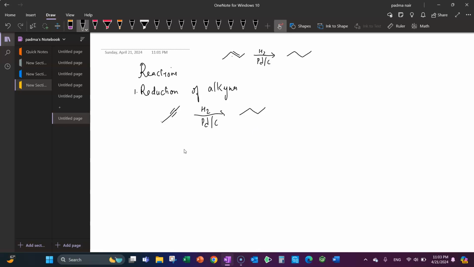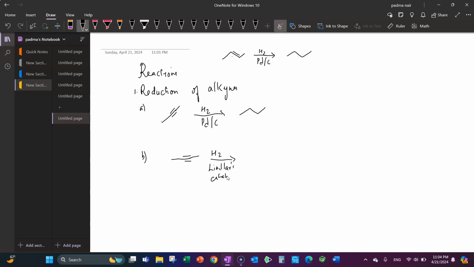However, there are some variations to this reaction where you treat the alkyne with what is called Lindlar's catalyst, which is palladium over barium sulfate. It's also a reduction reaction, so let's call this A. And then the next reduction reaction, where I treat the same alkyne with hydrogen, but in the presence of Lindlar's catalyst.